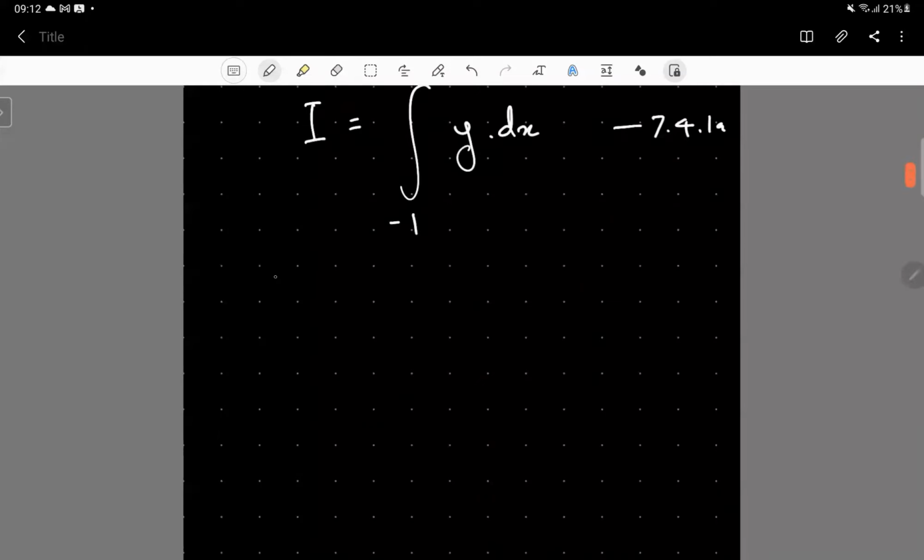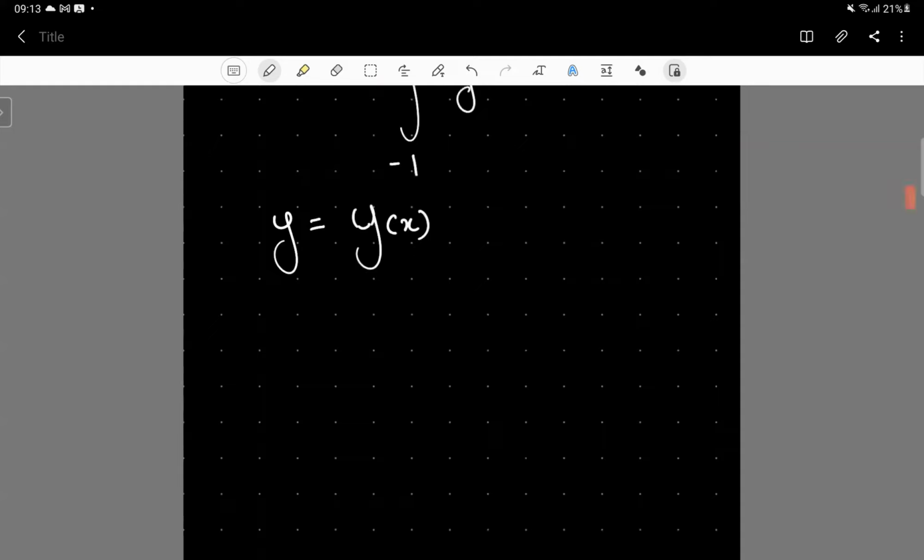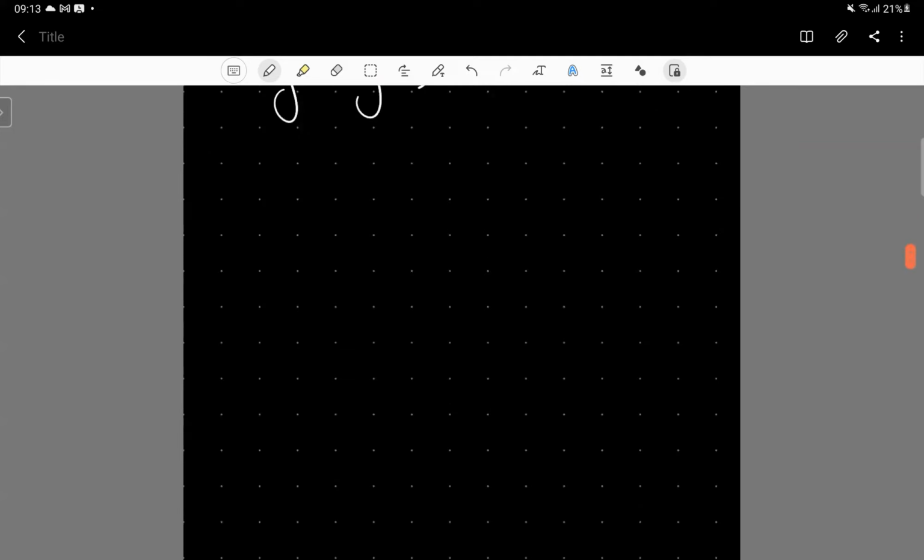So here we consider y is equal to y(x), so it's a function of x. In order to evaluate this function, we need to select the value at a certain point, a certain y value for a particular x value, and then we need to perform a calculation of area. So it would be straightforward if I just draw the corresponding curve.